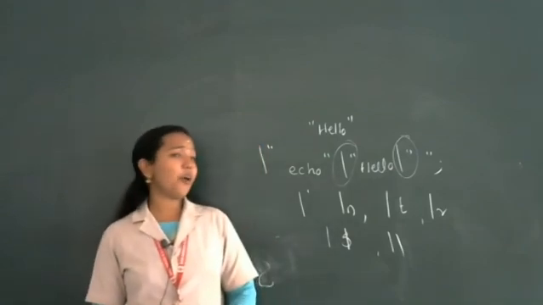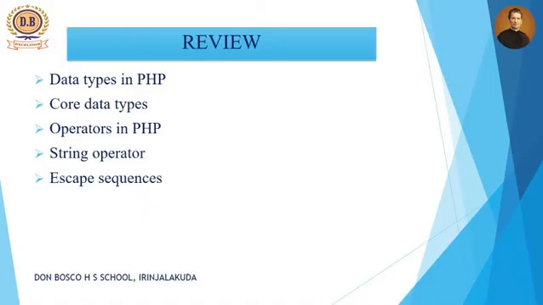We will revise the topics that we studied in this video. What is the first one? Data types in PHP: core data types and special data types. Core data type examples are int, float, boolean and string. Special data type examples are null, array, resources and object. Then we discussed the various operators in PHP.